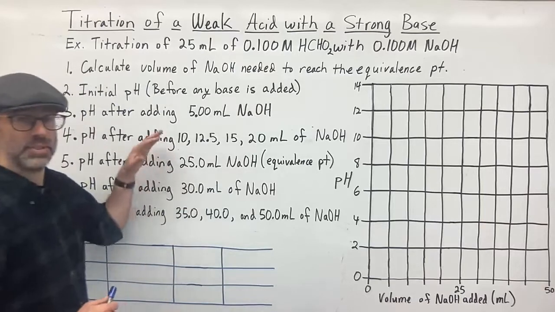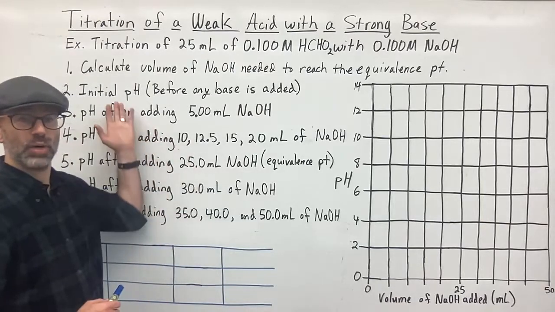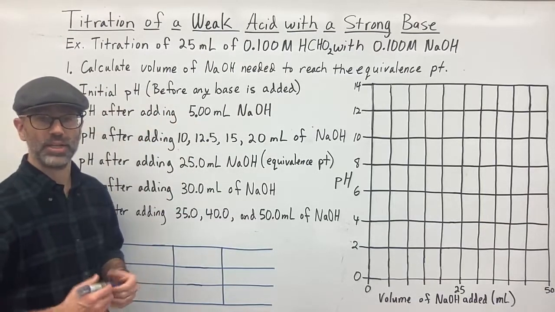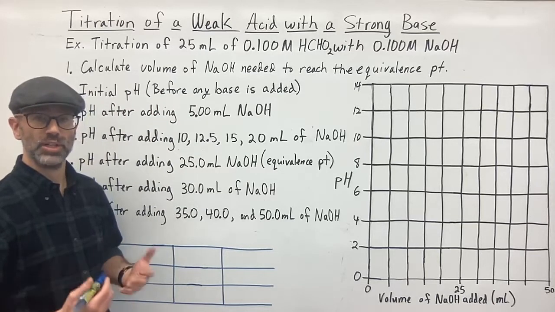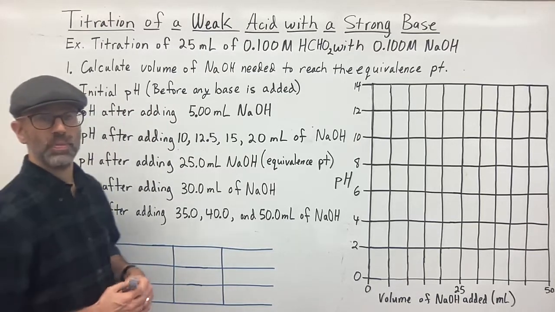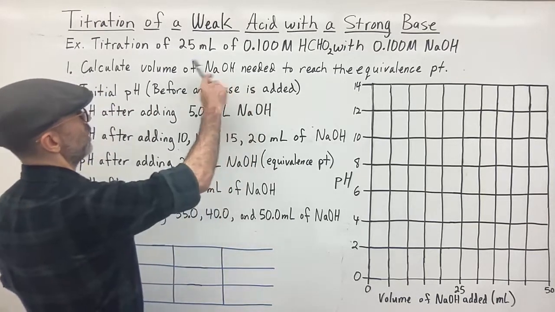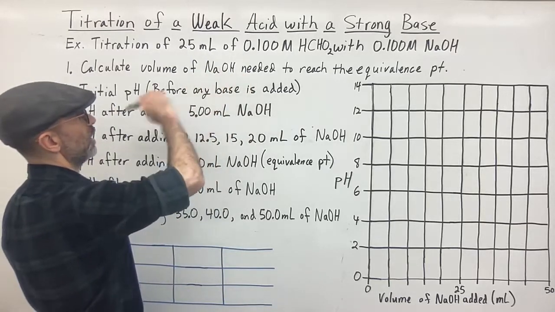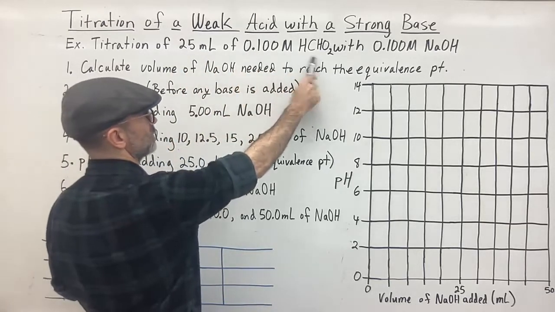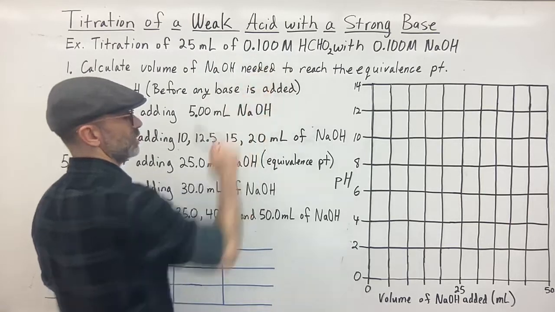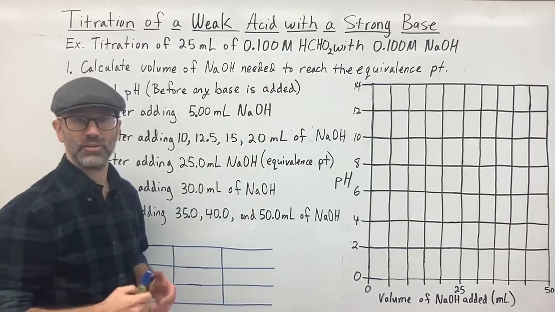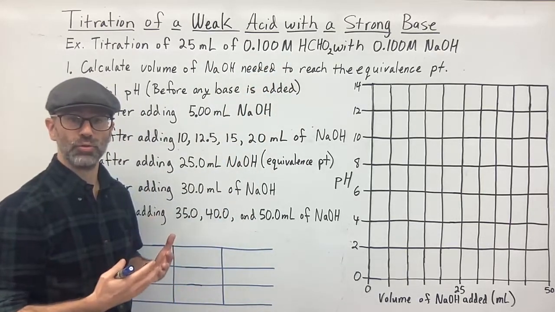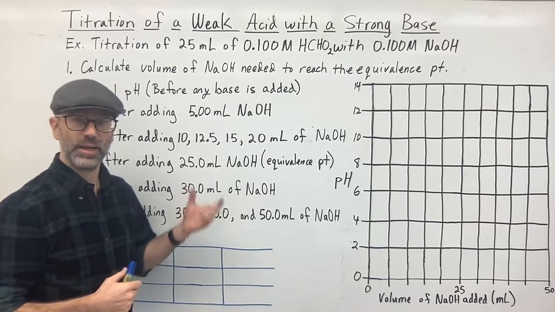So the steps that are the same. We're going to calculate the volume of the NaOH we need in order to reach the equivalence point. Since they're giving us 25 milliliters of a weak acid this time of this concentration, what we want to do is calculate the number of moles of the acid we have.